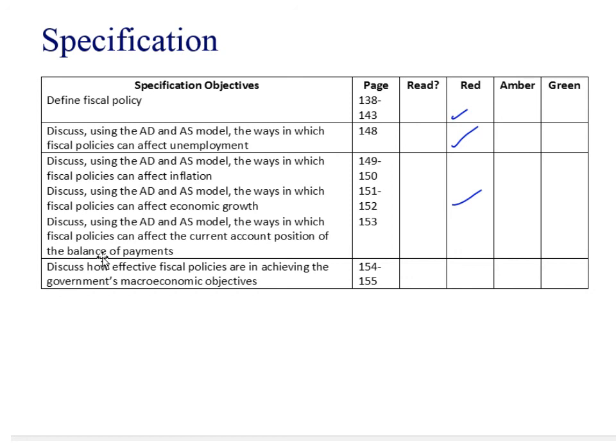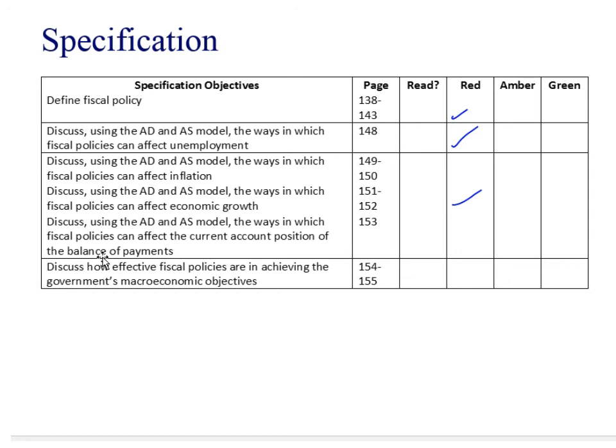It's a little bit more complex with fiscal policies, but the way they're probably likely to affect it is, maybe if you have grants and subsidies, it makes your products a little bit more competitive because it might lower the price of them by lowering the cost of production, and it might help make your business more productive if the grants are for investing in new technology. So that could help your current account position in terms of your net exports.